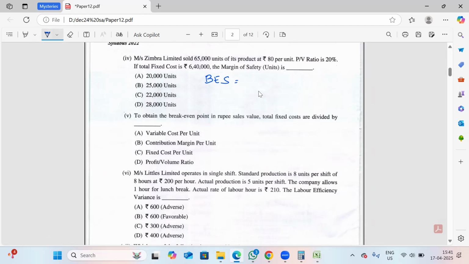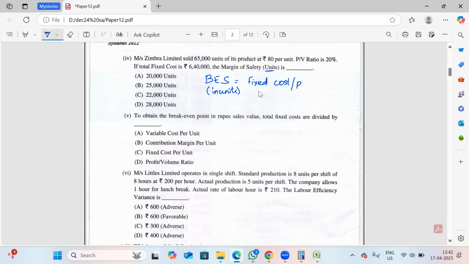Or, since I require margin of safety in units, I can calculate break even sales in units, that means fixed cost divided by contribution per unit.